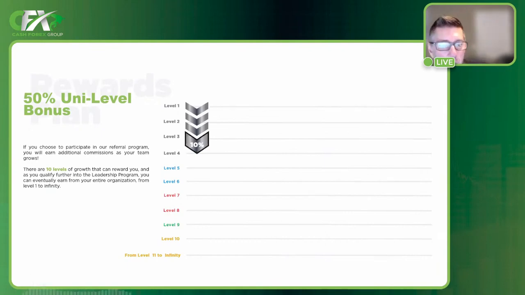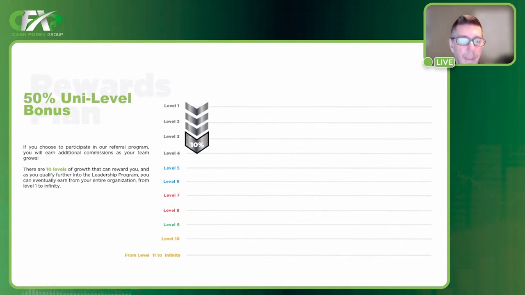That's not the case here. But the difference is that as you start to share CFX with others, who then start to share CFX with others, and so on and so forth, and that growing genealogy under you continues to expand, you'll earn in the unilevel from all activity that's taking place as long as it's taking place in an area that you qualify for.